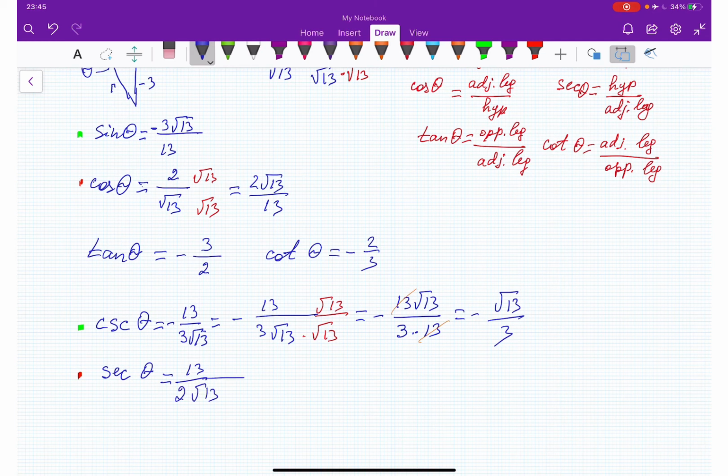Okay, we need to go through another rationalization. Square root 13, square root 13. And it's going to be 13 square root 13 over 2 times 13. This is gone. And I'm getting square root 13 over 2. And I'm done.